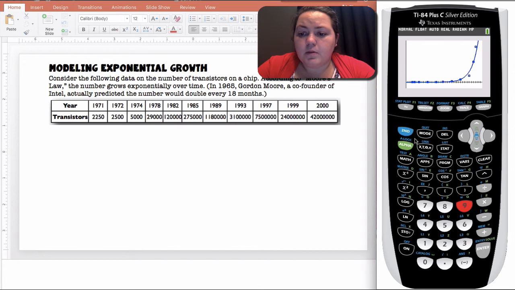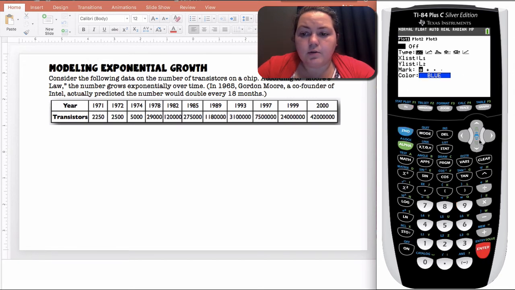Okay, and then if we look at the residual plot, I'm going to change list 2 to my residuals. So this is the residual plot using the exponential regression.